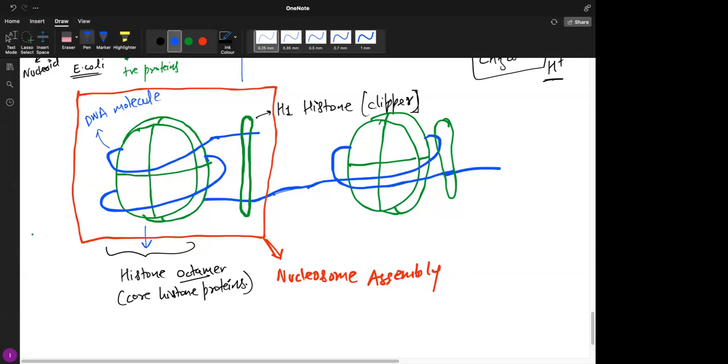So it's exactly 200 base pairs. From this clipper onwards to this clipper, the total DNA which is bound on a nucleosome is 200 base pairs.